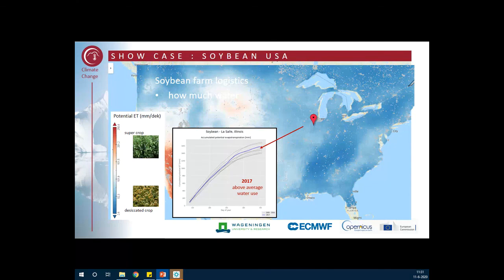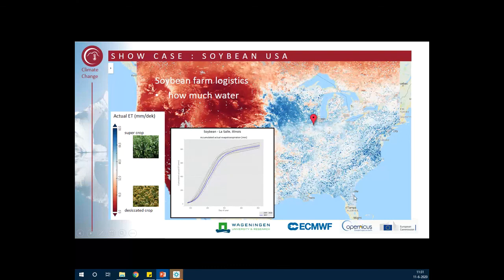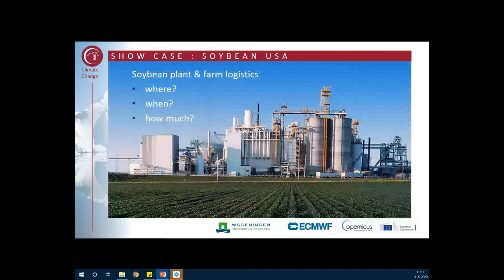Of course, this will also in the end affect things like crop productivity. Just a couple of examples on actual and in the previous one, potential evapotranspiration. So this kind of product, we think, especially the near real-time product that is also getting online with a delay of only a couple of days, can be very relevant for, well, in this case, for example, soybean plant and farm logistics.